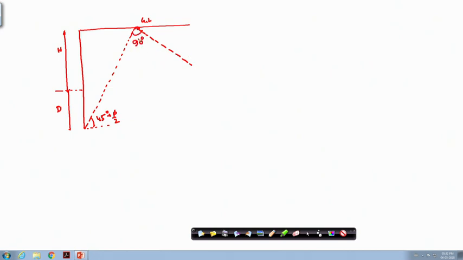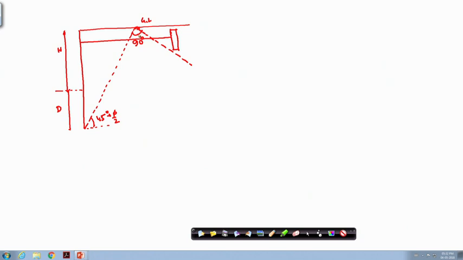So, the anchor that you will place, this is the anchor sheet, should be above this line. You cannot put the anchor in this zone. This anchor should be above these dotted lines.